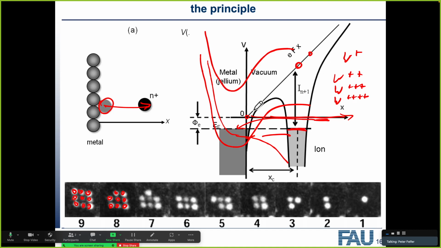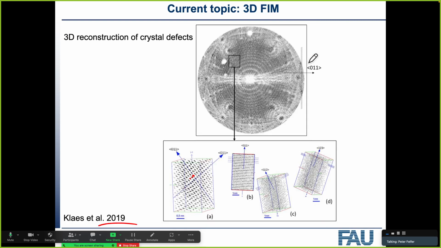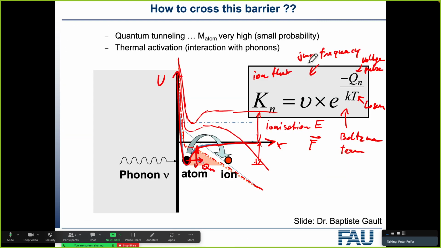And if you remember from the slides before, the distance will essentially be dependent on the field that we have, and the field will be dependent on the temperature, because we partially overcome the barrier via thermal activation, and partially through reducing of the Q, through increasing the voltage.